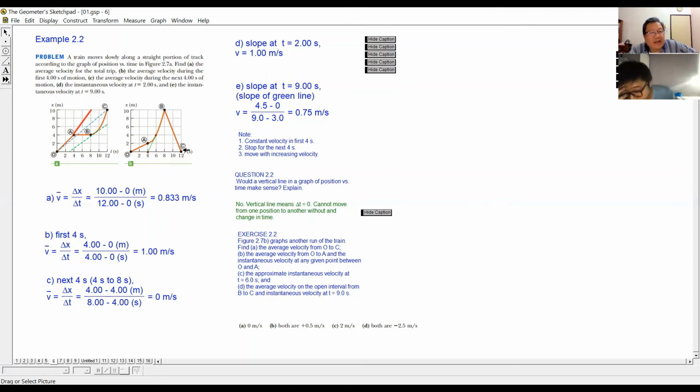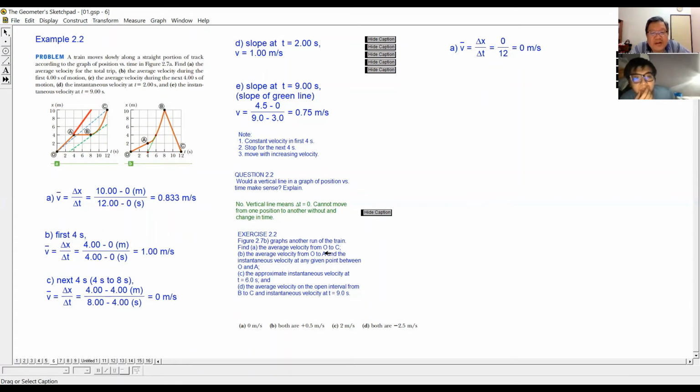What is the delta t? From O to C, this is 12 seconds. So delta x is 0, delta t is 12. So finally the answer is 0.